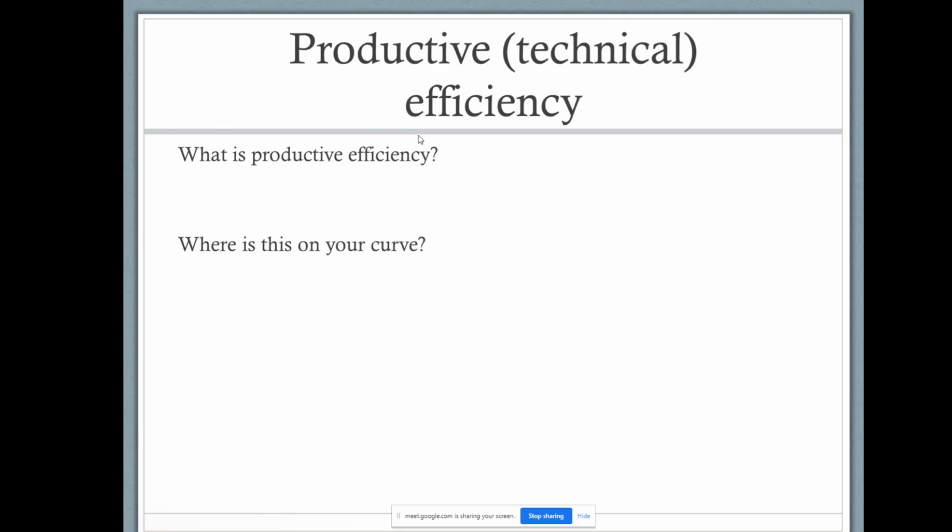What does it mean? Anyone? Do you still remember? No? Okay, it's all right.